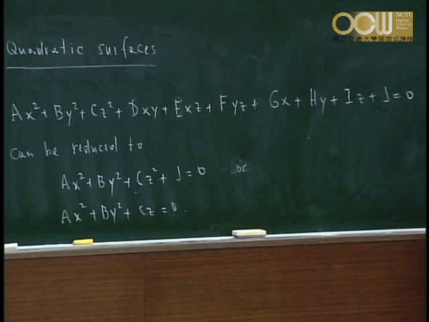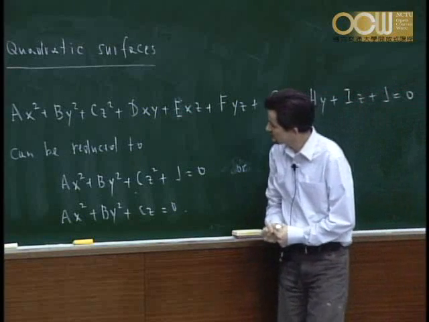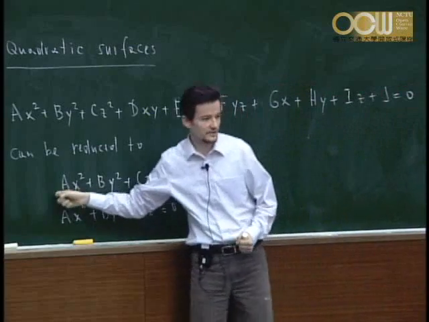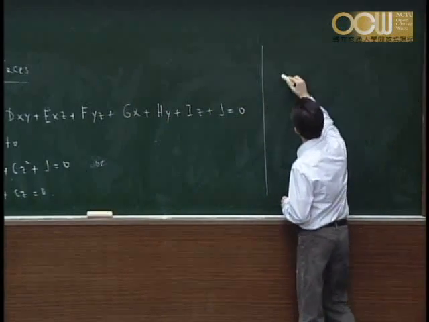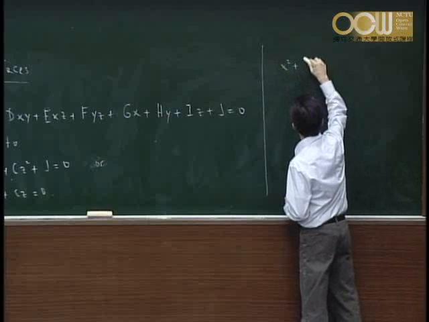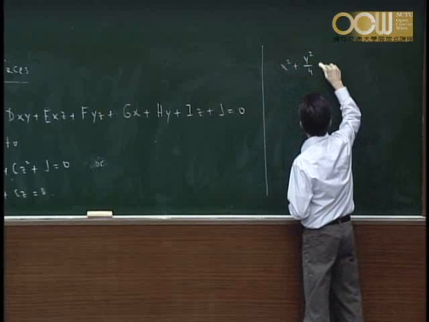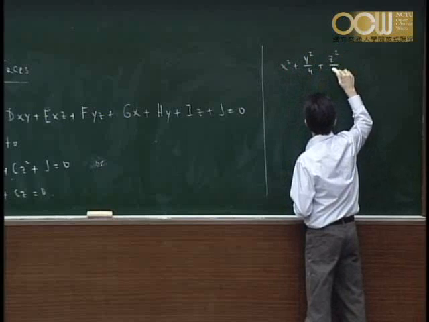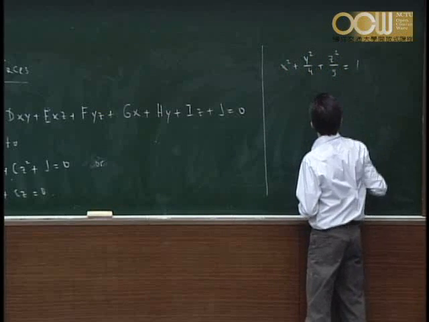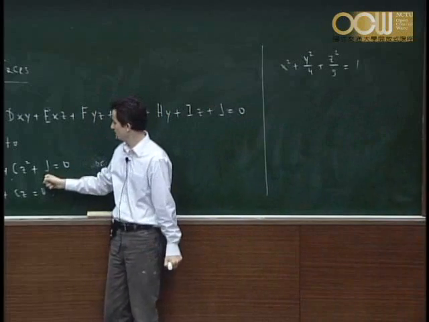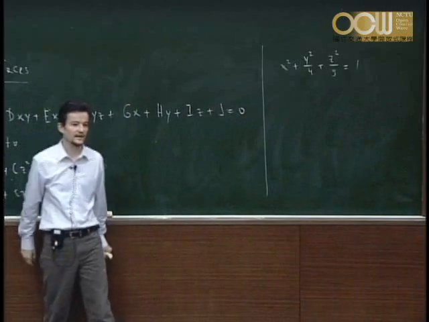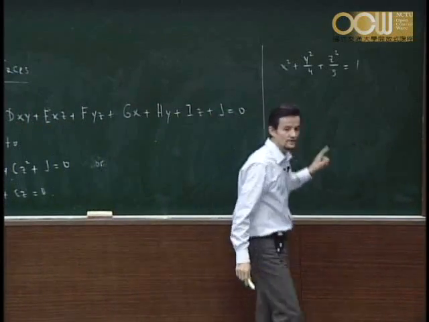The first type I discuss is where this one is negative and all others are positive. For instance, the case x squared plus y squared over 4 plus z squared over 9 is equal to 1, where this here is negative and all others are positive. This is one type.